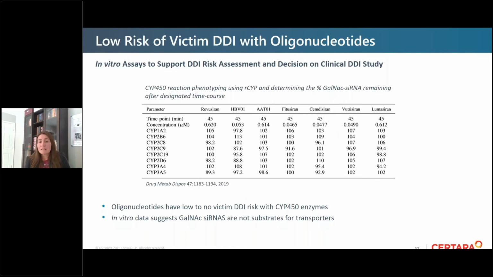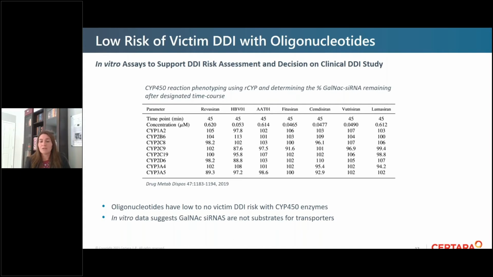From a victim DDI perspective, there is little to no risk. Many studies have demonstrated that these are not substrates of CYP450. There is a publication where they investigated in vitro DDI for different GalNAc siRNAs and did not show any involvement of CYPs in the metabolism of different types of compounds, which is presented in the table here on the slide.